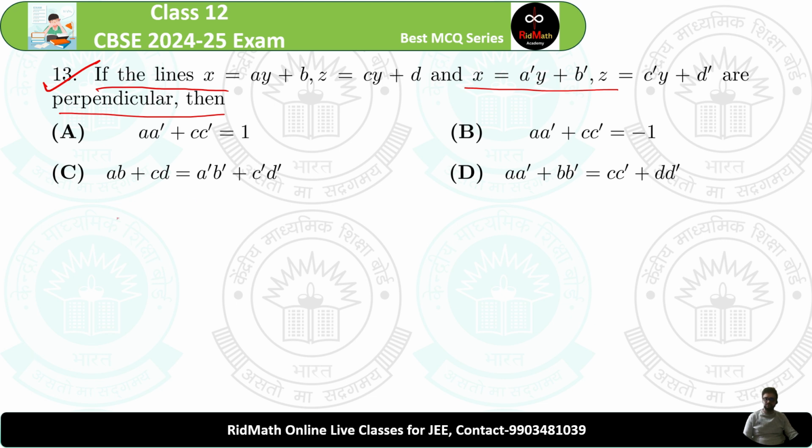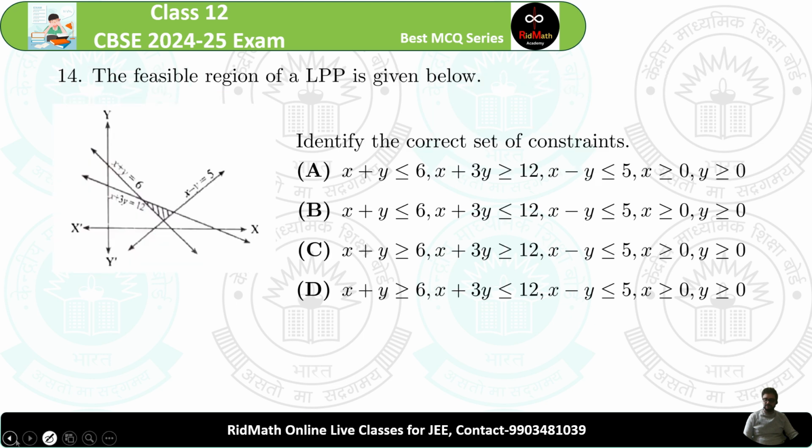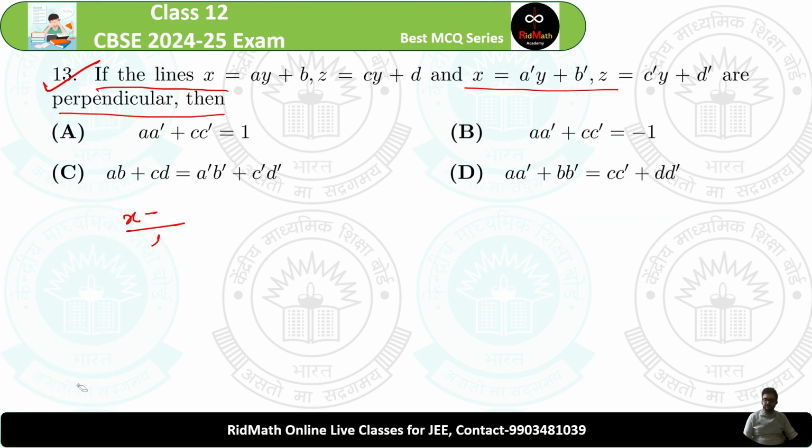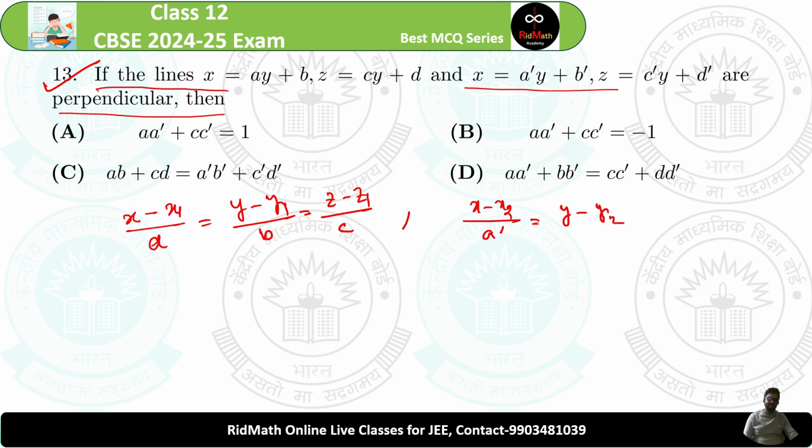So you know that if two straight lines in 3 dimensions, (x minus x1) by a equal to (y minus y1) by b equal to (z minus z1) by c, and this straight line (x minus x2) by a dash, (y minus y2) by b dash, and (z minus z2) by c dash, are perpendicular, then multiplying the respective direction ratios will sum up to 0.